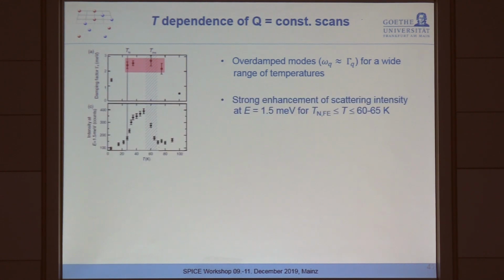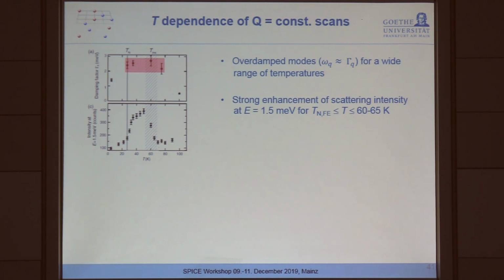Here the scattering intensity shoots up at around 60 Kelvin, then stays high, and then becomes rapidly reduced again at around 25 Kelvin.